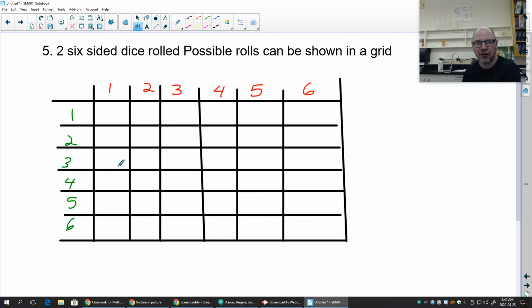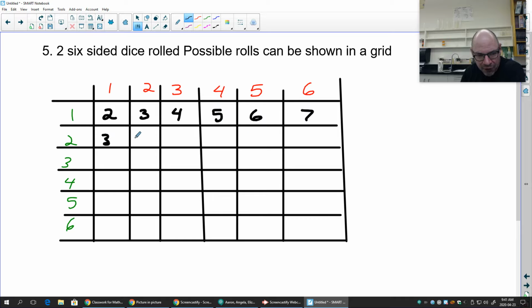Now there's a couple ways you can look at this. You can write this as a 1, 1, or a total of 2, a 1, 2, or a total of 3, a 1, 3, or a total of 4. We'll put the totals in the center part because we often talk about the totals. So this is a total of 2, 3, 4, 5, 6, 7.